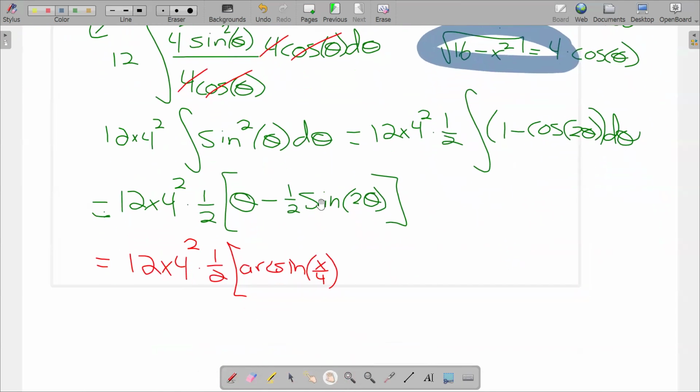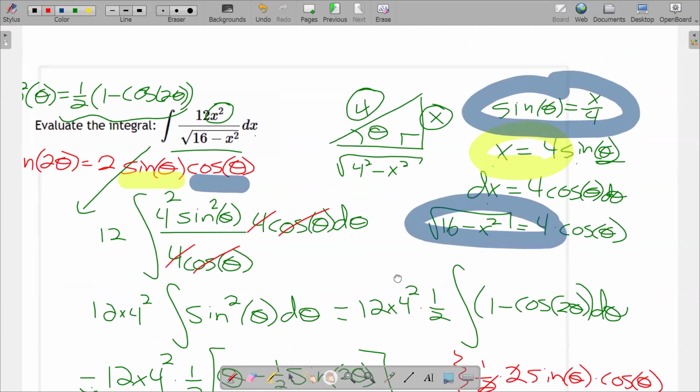The sine of 2 theta there times a half, well, I'm just going to put a little side note here. That's going to be 1/2 times 2 times the sine of theta times the cosine of theta. The 1/2 times 2 cancels. So I'm going to end up with a minus sine of theta, which is really what here? X over 4.